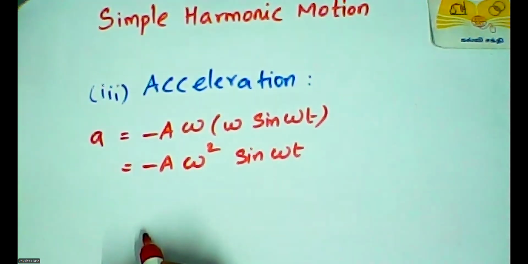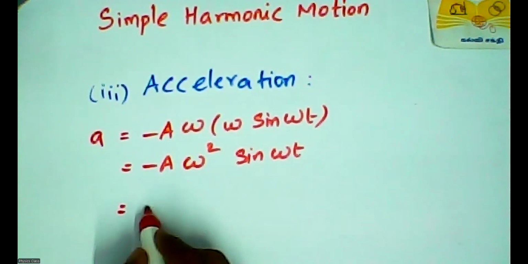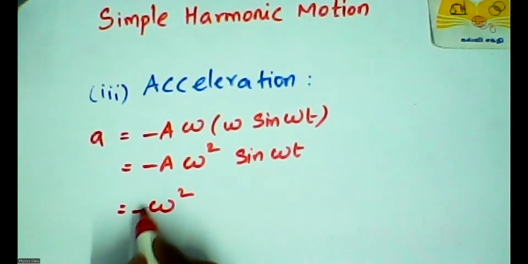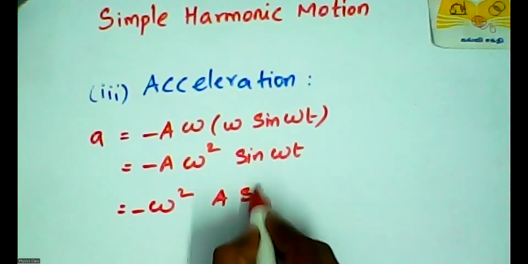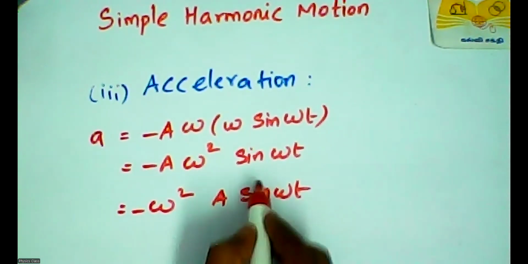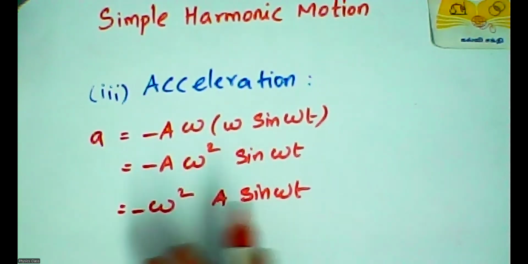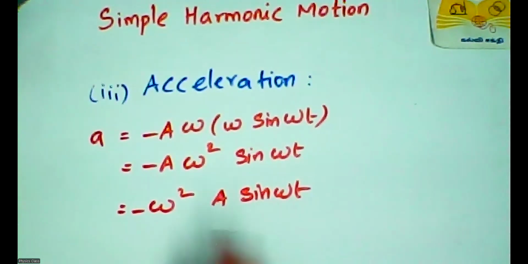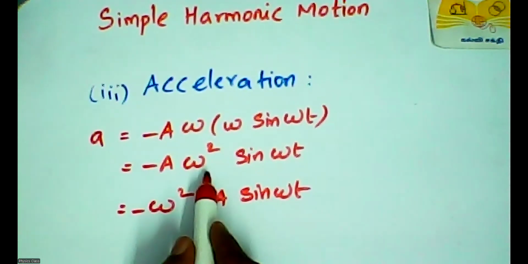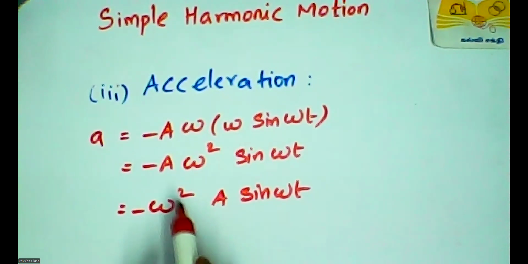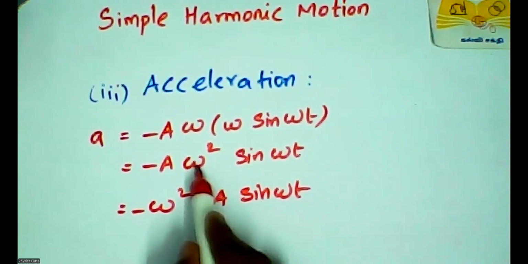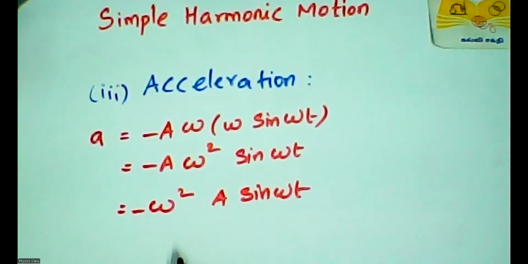Okay, so we can take omega square here and minus here a sine omega t, because we can interchange that quantity in multiplication. Yes, 3 into 4 is equal to 4 into 3. So minus a into omega square is also equal to minus omega square into a sine omega t.